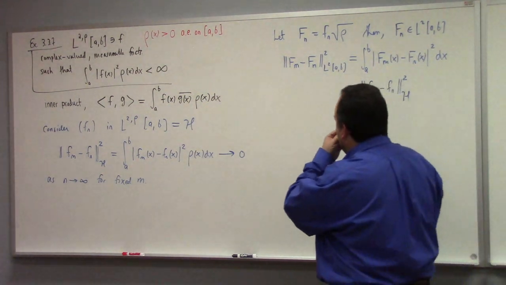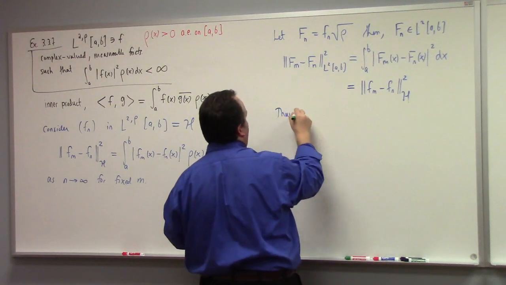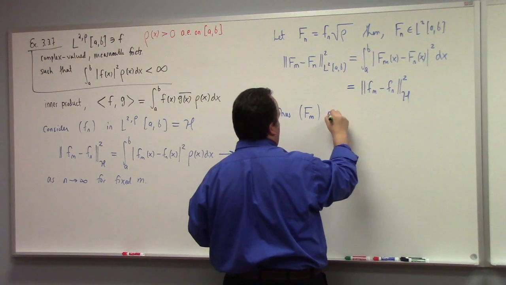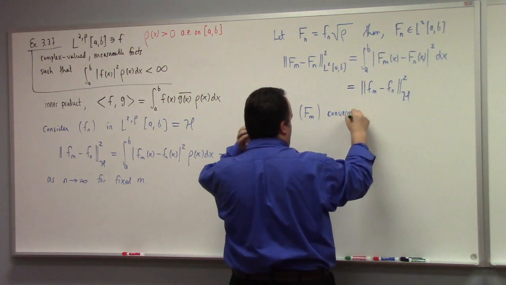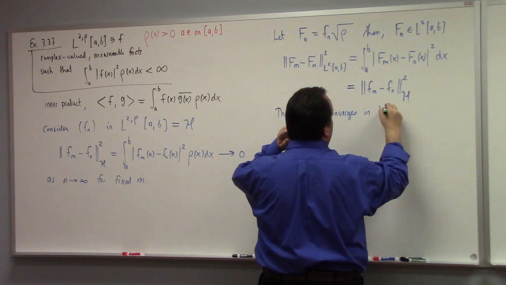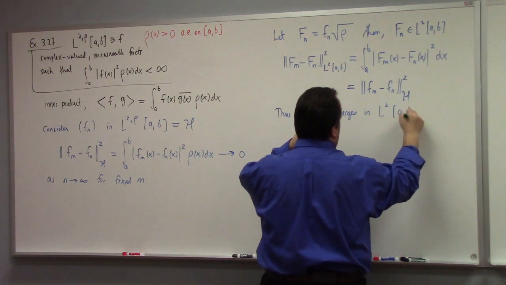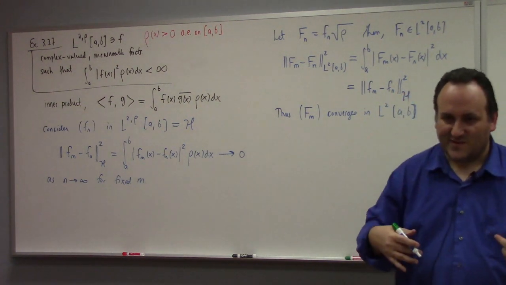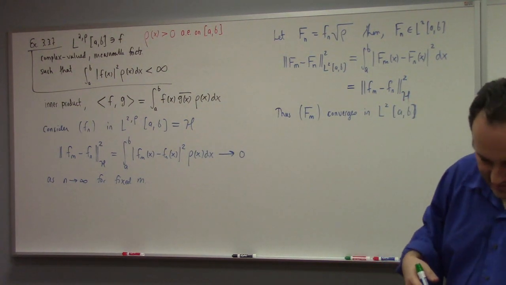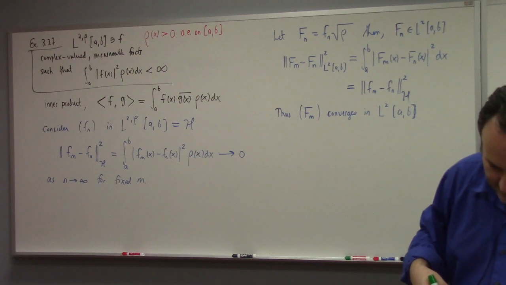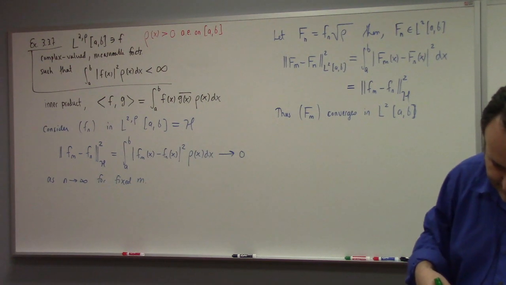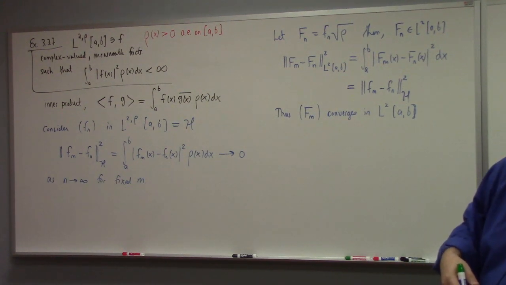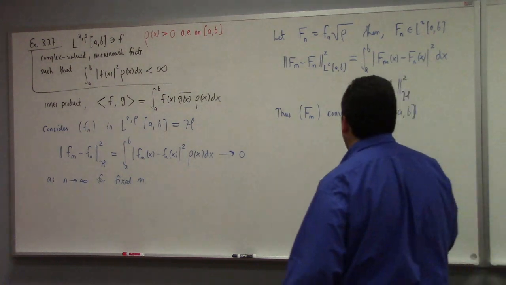So thus, Fm converges in L2 AB, and I'm assuming that convergence in L2 will transfer to corresponding convergence in our rho space as well, right? Yeah, so essentially it's just that.